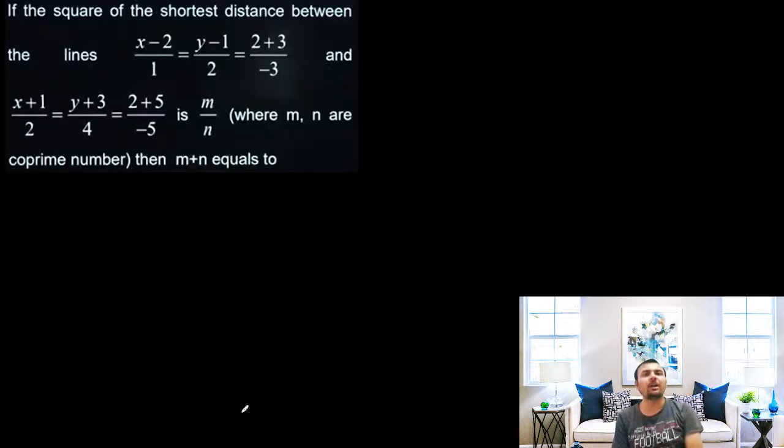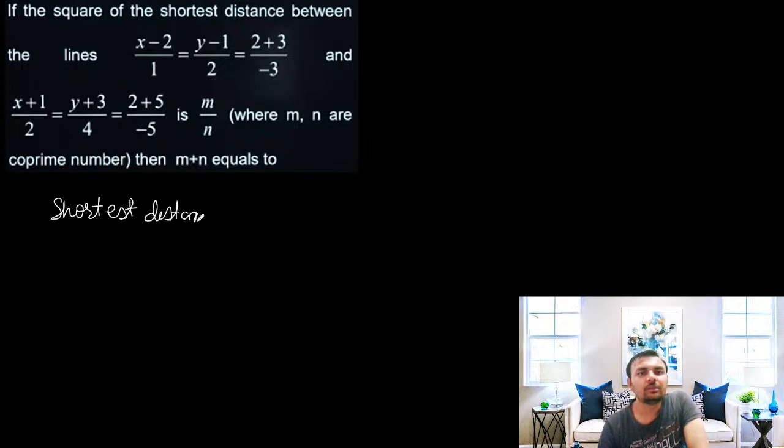The square of the shortest distance between these two lines. So shortest distance is nothing but this cross this.